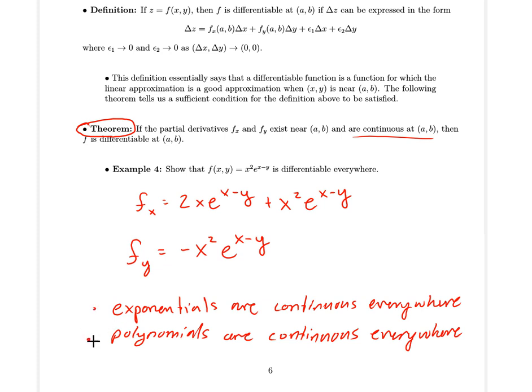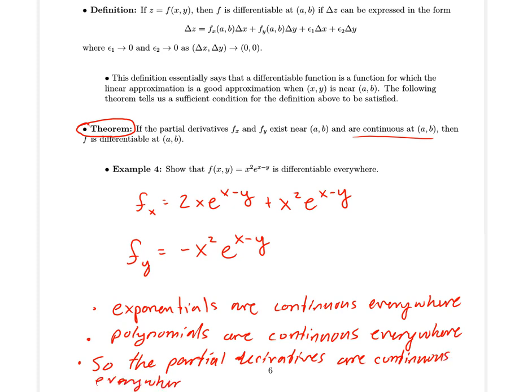So if that's all that they're made out of, then we can say the partial derivatives are continuous everywhere. And so f is differentiable everywhere, according to that theorem.